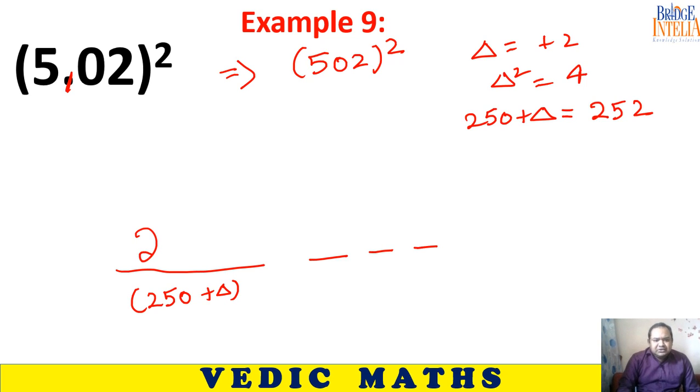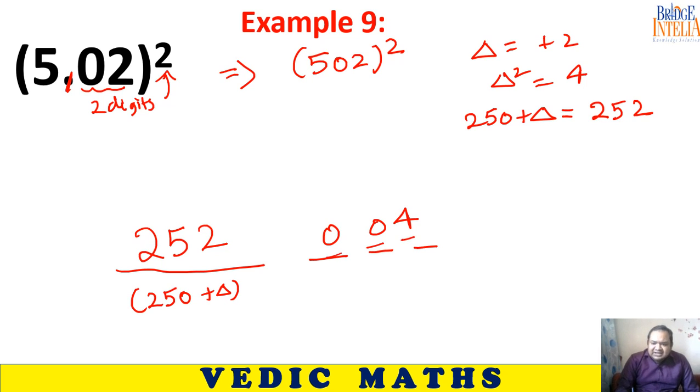So write 252 here, and delta square is 4, so write 004. Now where should we place decimal? There were 2 digits after decimal and we have done its square, so 2 into 2, 4. Counting backwards, 4 digits should be there after decimal. So the answer is 25.2004.